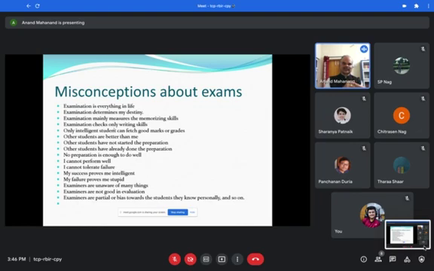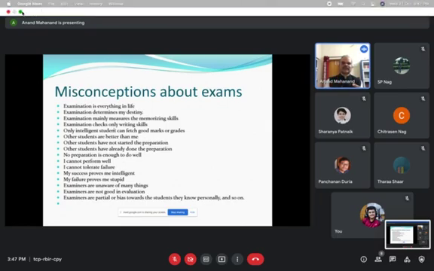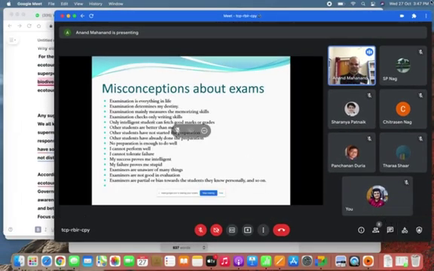Examination mainly measures the memorizing skills. That is also a misconception that examination measures our memorizing skill. Before the exam, we read something, and after that, we forget. Then after passing out, we forget everything. But nowadays, educationists are serious about all these things.